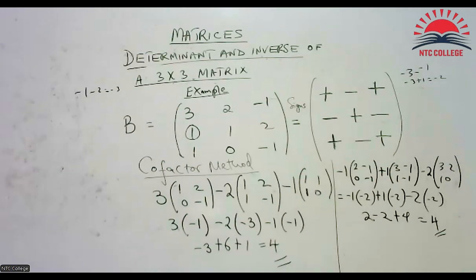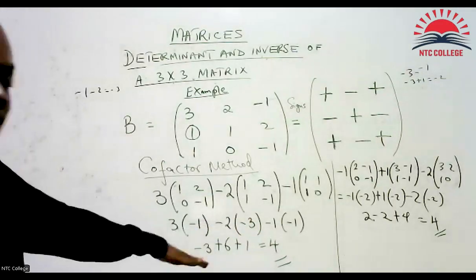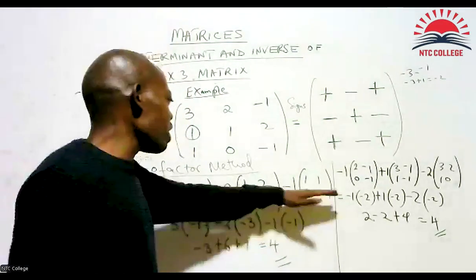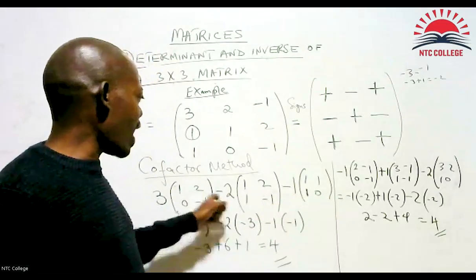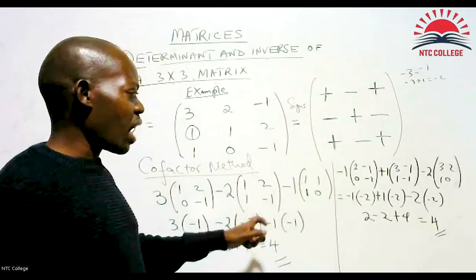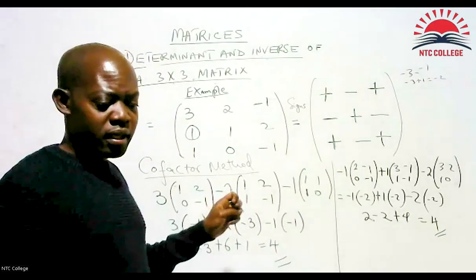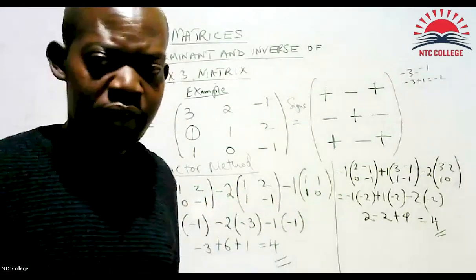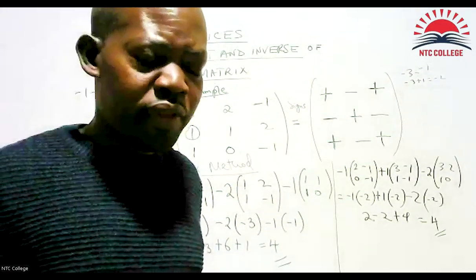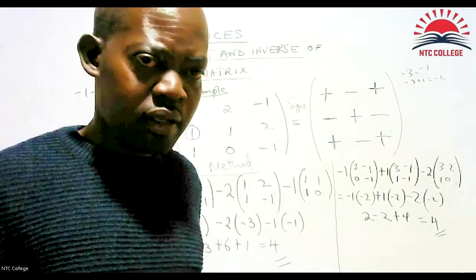Before I give you the alternative method of finding the determinant, I really want to use this data. This whole information we have used here for both Pro 1 and Pro 2, I want to use it in explaining how we obtain the inverse of a 3 by 3 matrix.